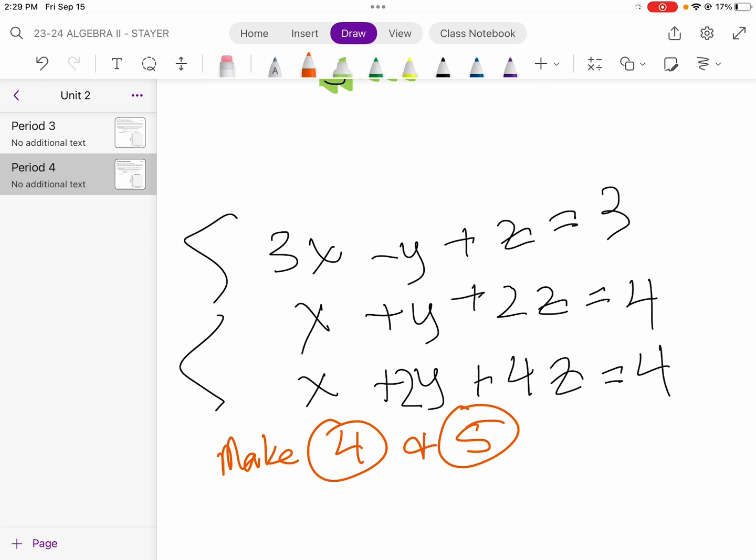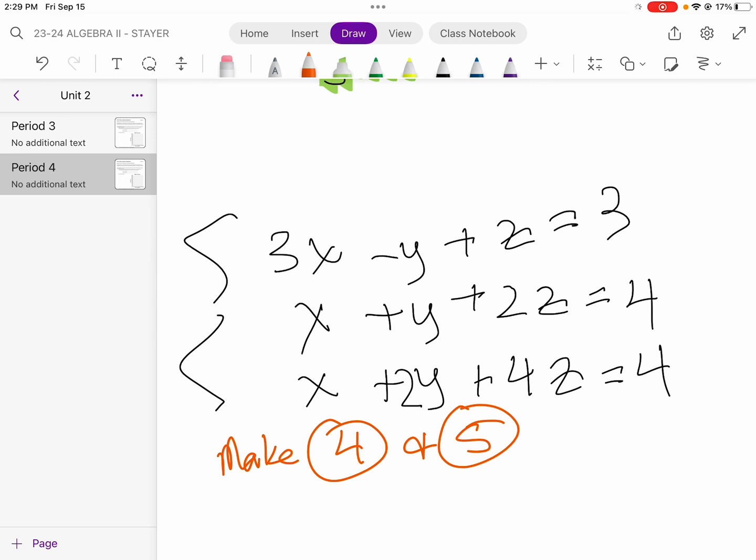So plug x back into either 4 or 5. And then whatever you get for z, so if x is 1, you get 2 plus 6z equals 8, right? You'll get 6 divided by 6.